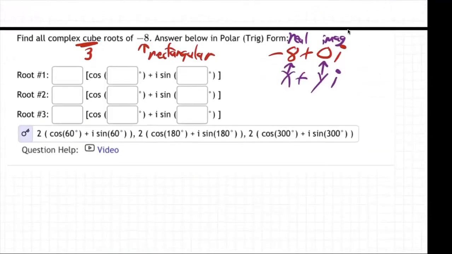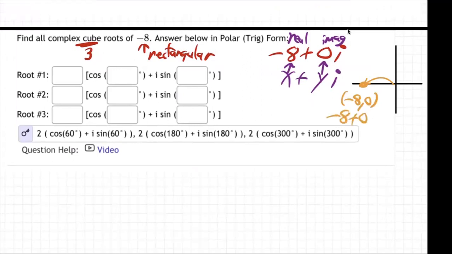If I was to graph this real quick here. Where would that point be? Back 8, up 0. Back 8 plus 0i. So it'd be right there.